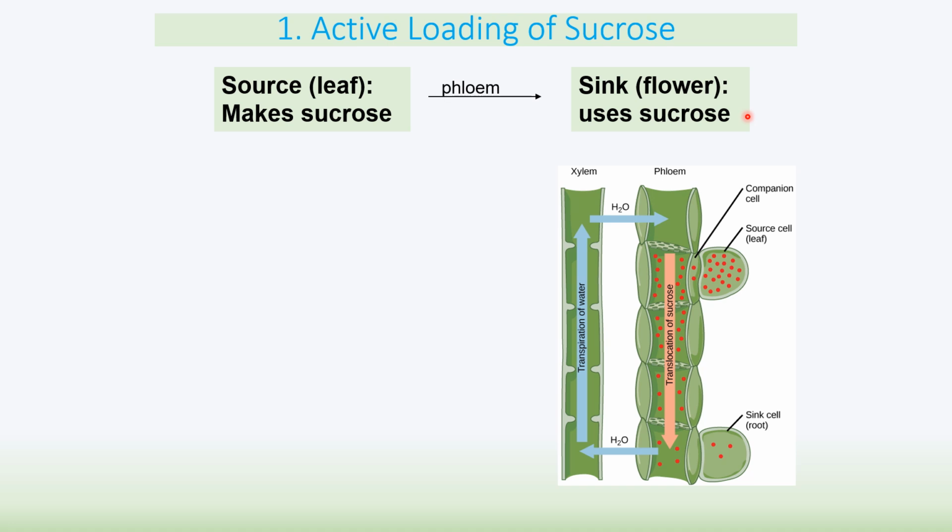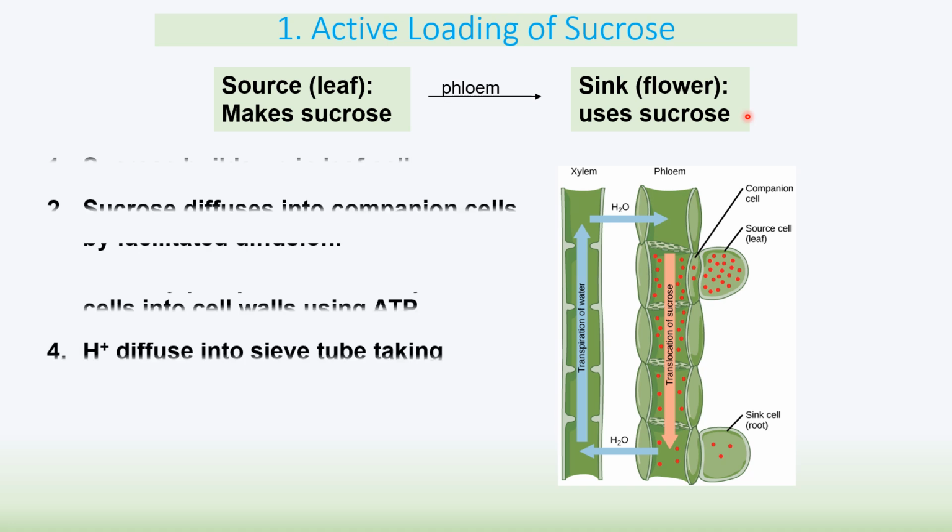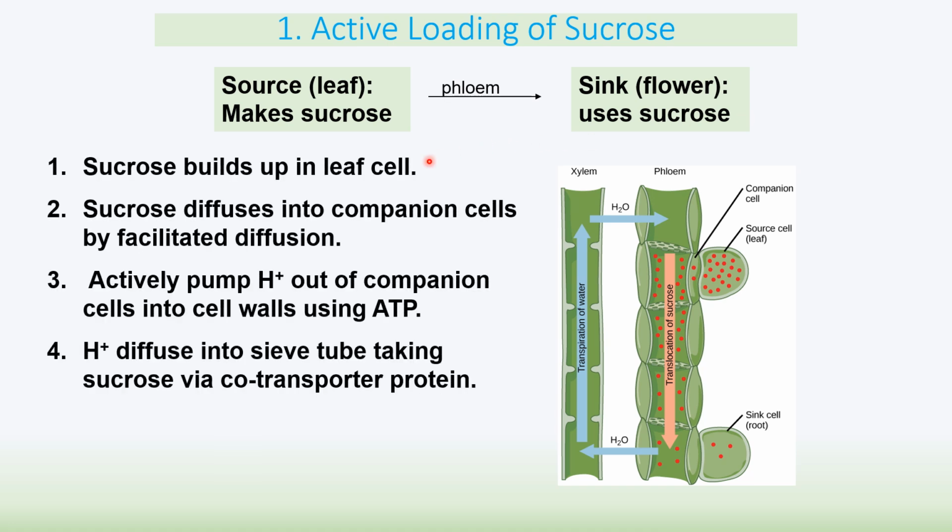First of all, the sucrose is actively loaded into the phloem. It builds up in the leaf cell. Sucrose then diffuses into the companion cells before hydrogen is actively transported out of the companion cells and into the cell wall here. Then the hydrogen diffuses into the sieve tube, and it takes the sucrose with it by a co-transporter protein.